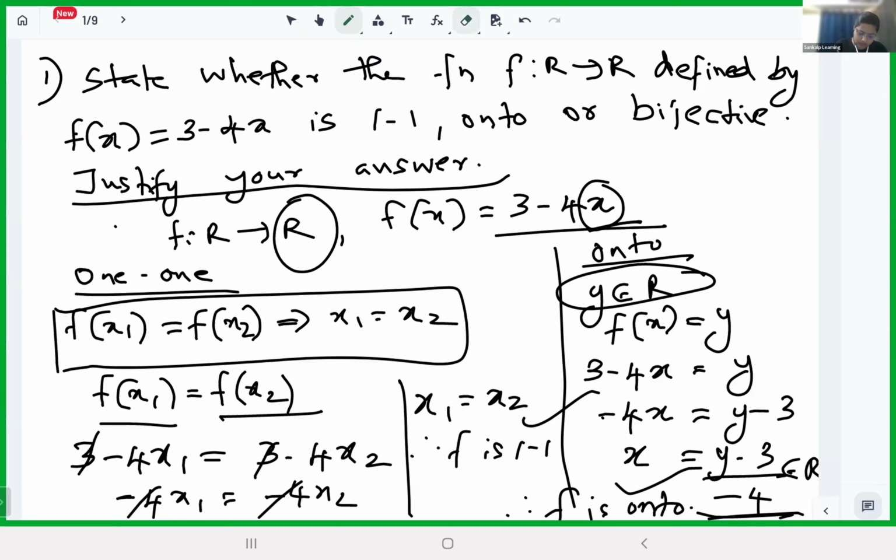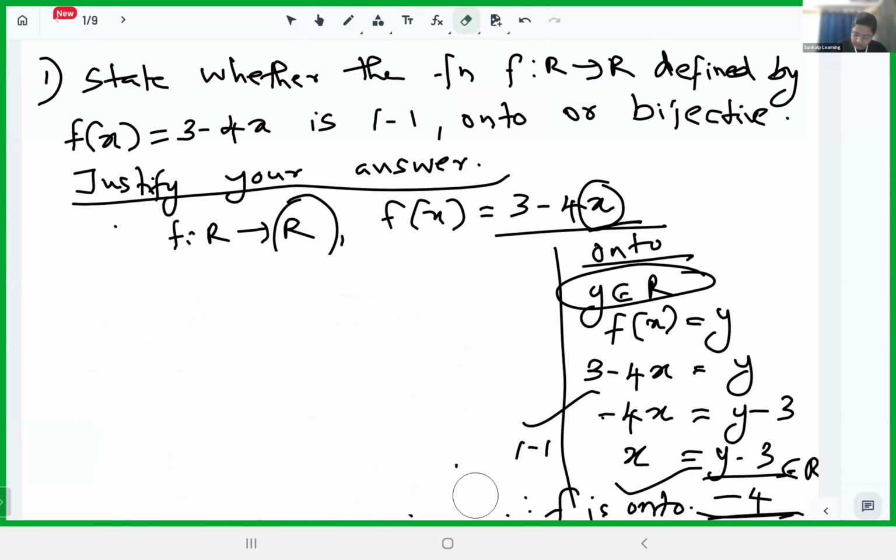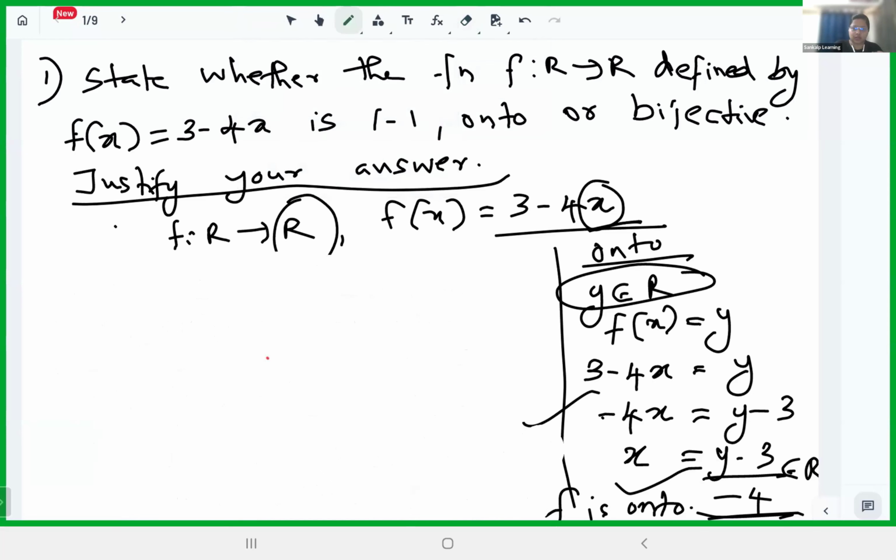So can you say the inverse of this function? How will you find the inverse of this function? I have already explained that if you are given a function, inverse is nothing but the reverse process of the given function.